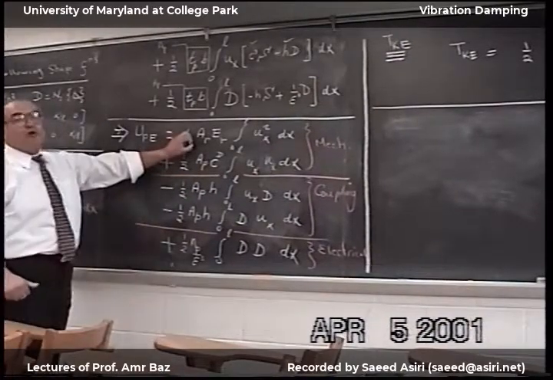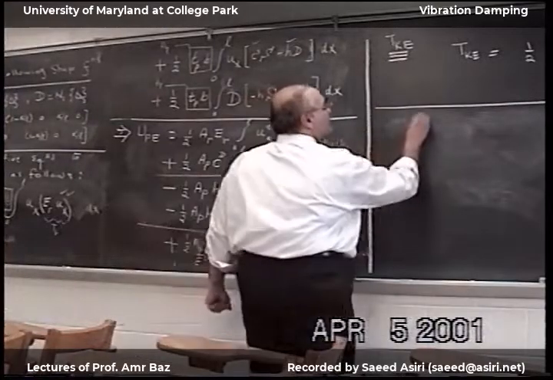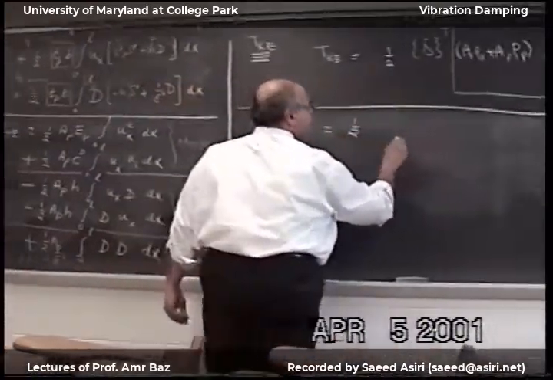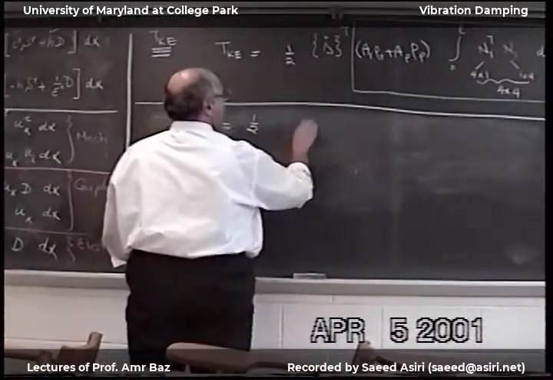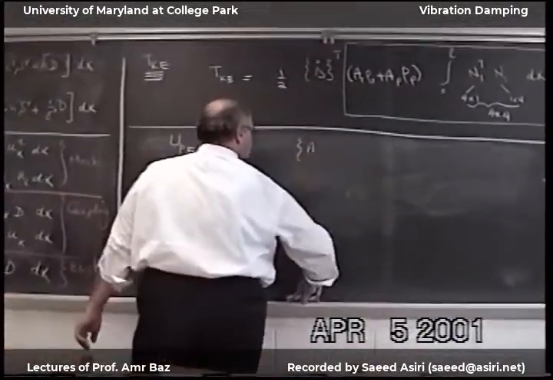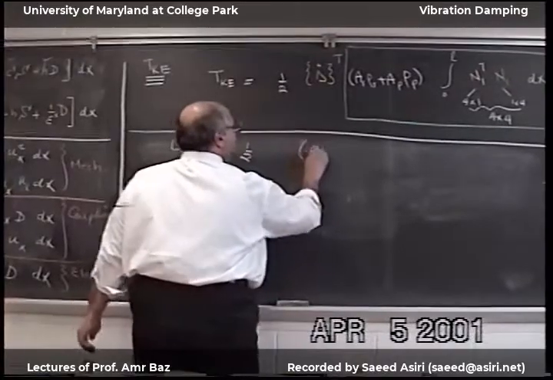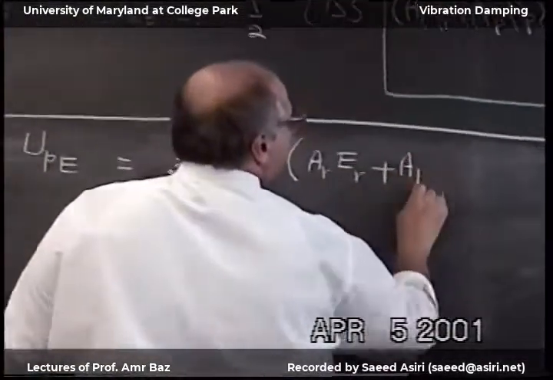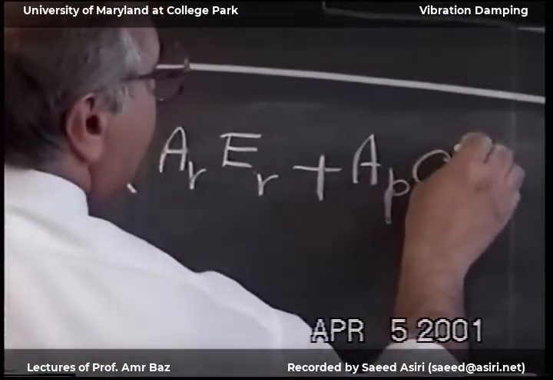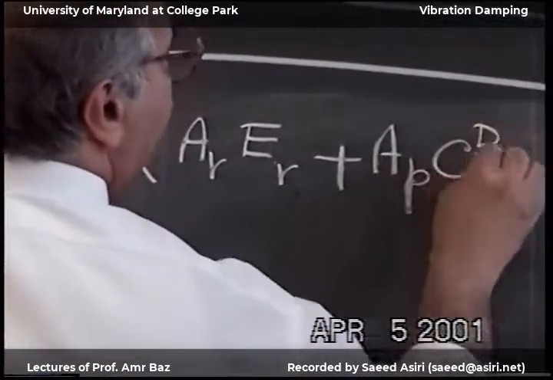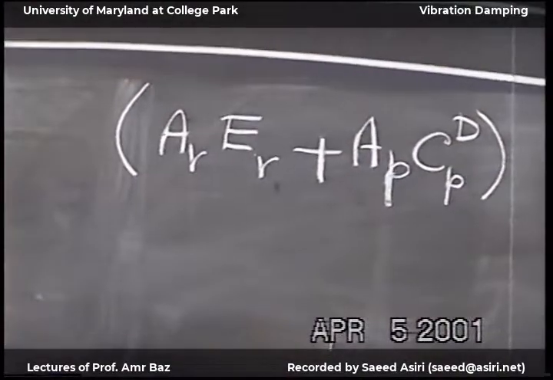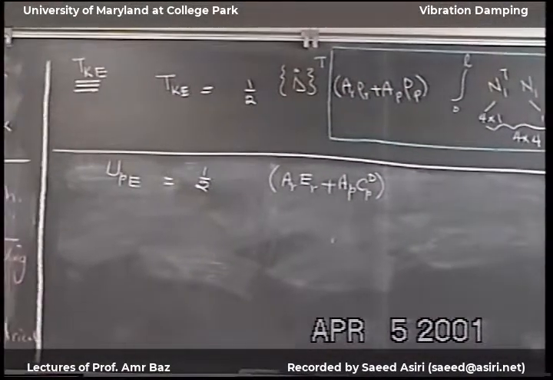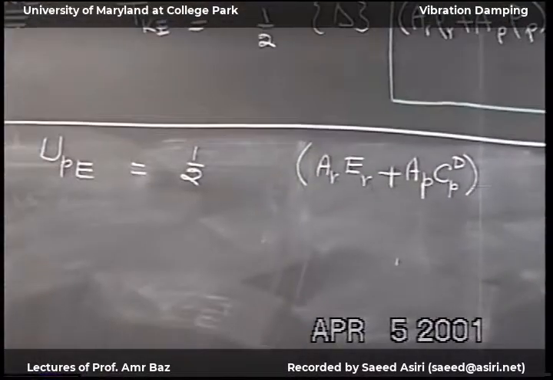So now we combine these two, and this will be U potential energy will equal to 1/2, and then here will be A rod, E rod, plus A piezo, C piezo at open circuit. Okay?